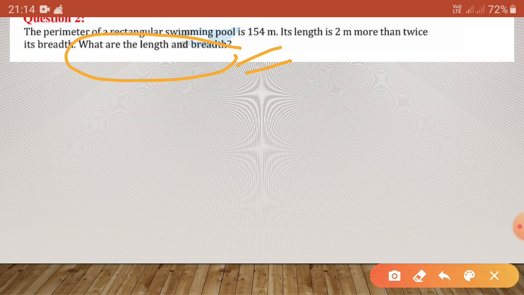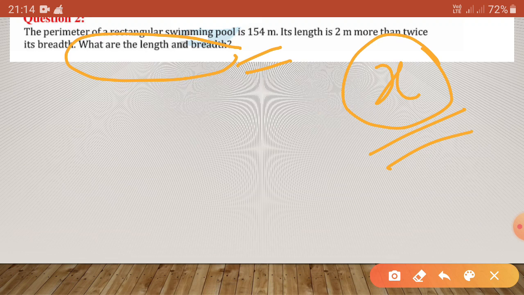So assume that the breadth of the pool be x, and we have to find out the length of the pool. Your question will be, sir, why are you taking breadth first as x?